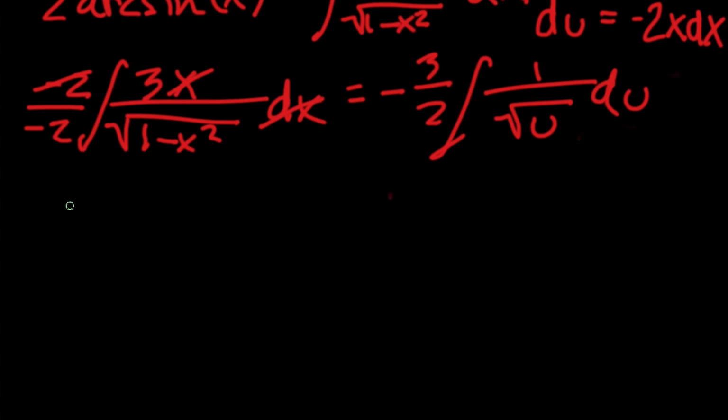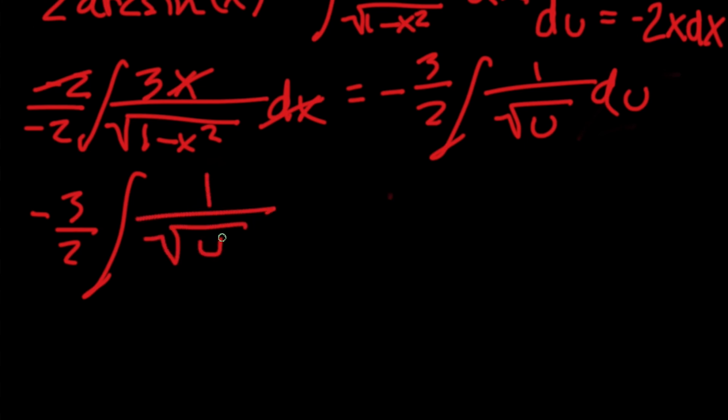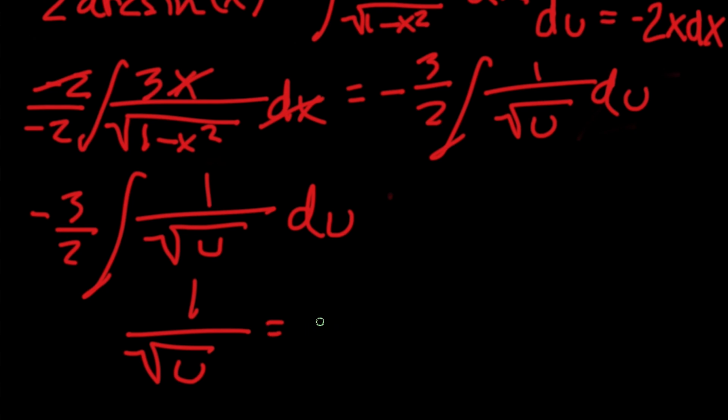The integral, we're just going to ignore this negative 3/2 right now and focus on the integral of 1 over the square root of u, right? This 1 over square root u can be rewritten as u to the negative 1/2, because that square root u is just u to the 1/2, and since it's in the denominator, if we want to move it to the top, we've got to make it a negative exponent.